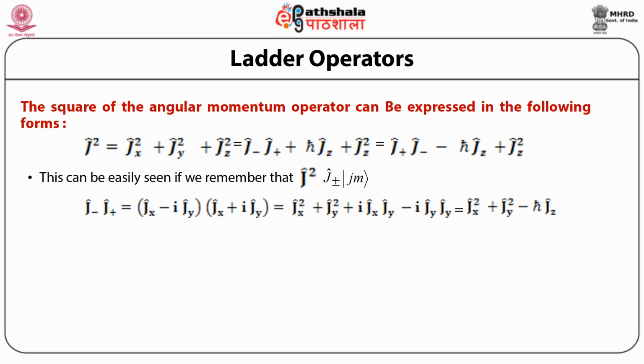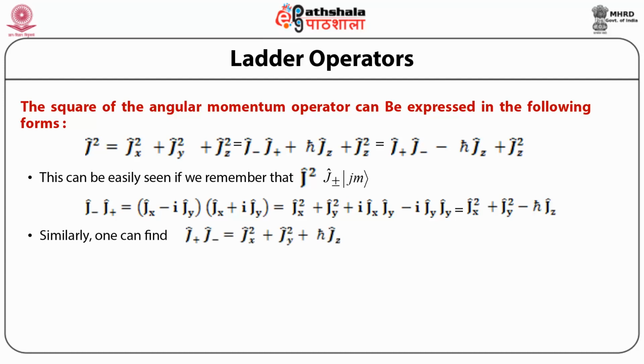This is equal to operator Jx² plus operator Jy² plus i times operator Jx operator Jy minus i operator Jy operator Jx, which is equal to operator Jx² plus operator Jy² minus ħ operator Jz.